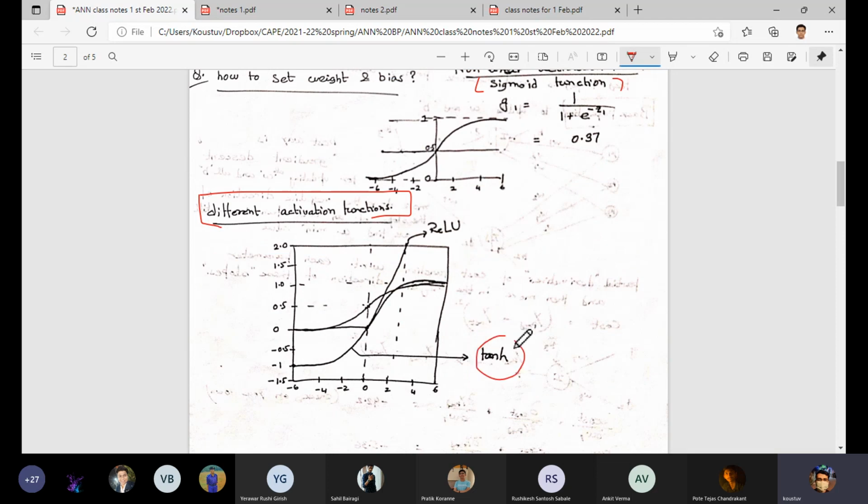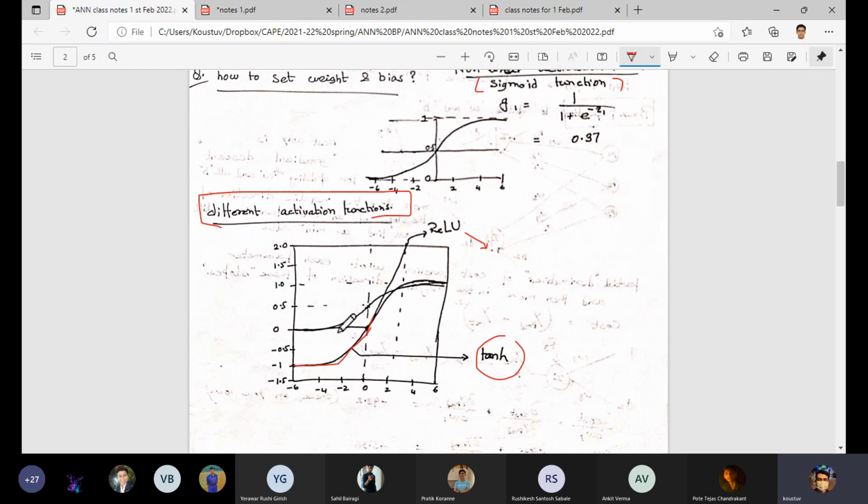One is tanh, the hyperbolic tangent, and one is something called the rectified linear unit. Though the details are not covered here, typically it looks like this, and then it goes like this. So this is the rectified linear unit.